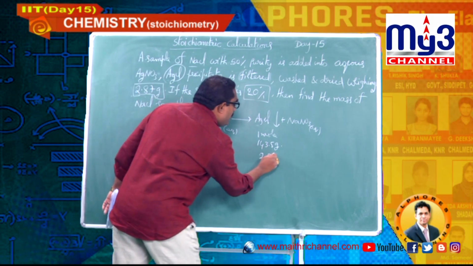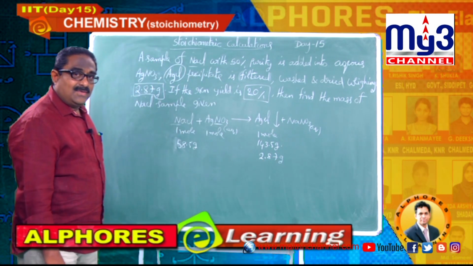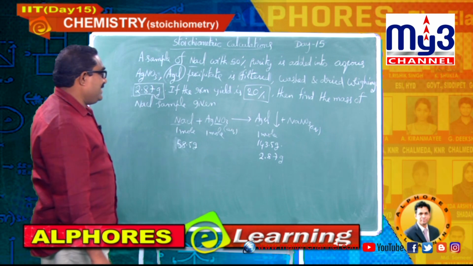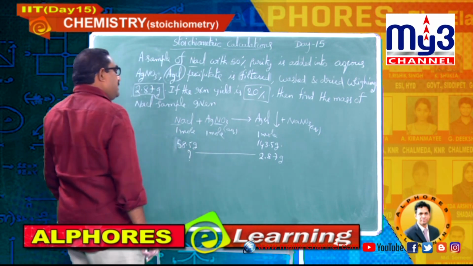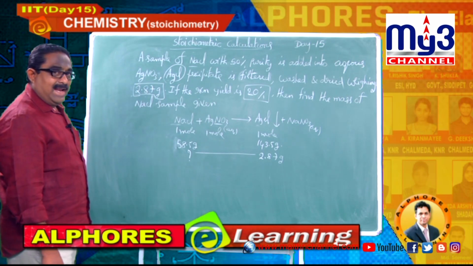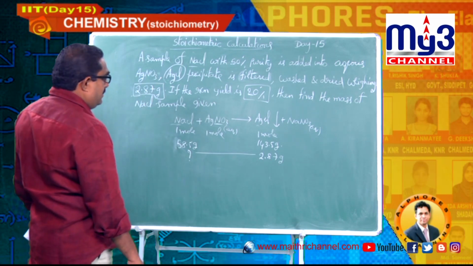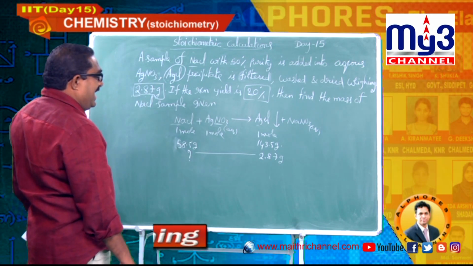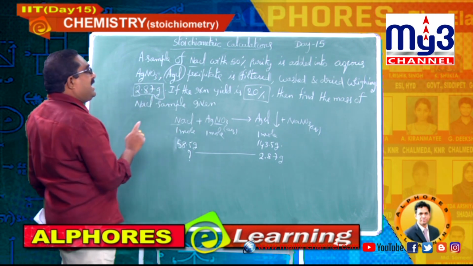If it is 2.87 grams, what will be the mass of 58.5? Moreover, he is saying the percentage yield is only 20%.